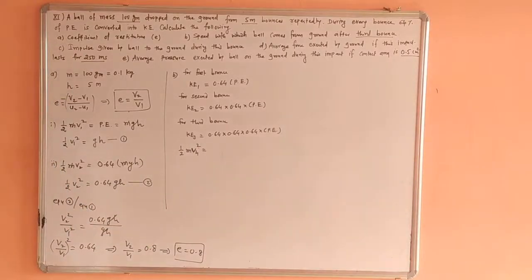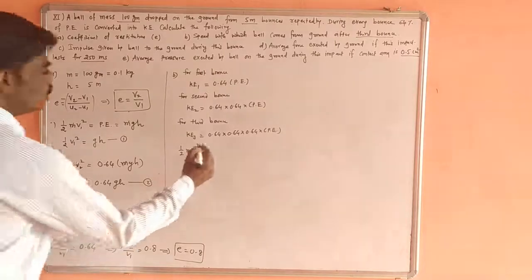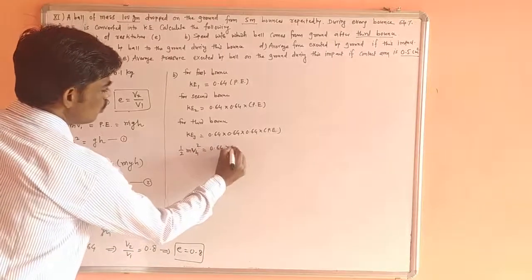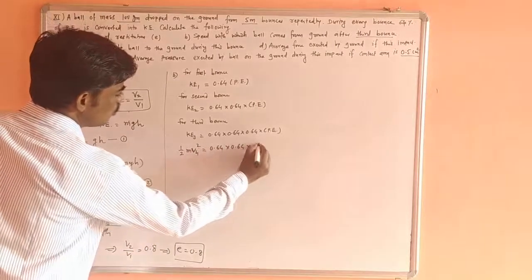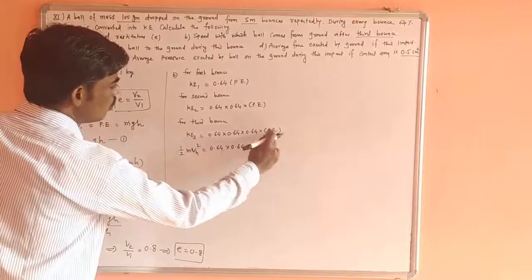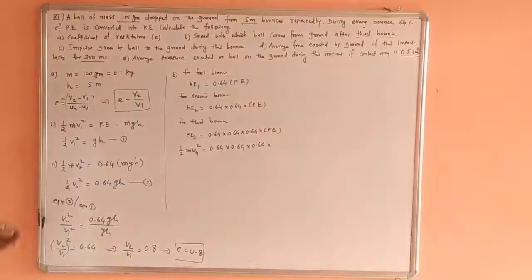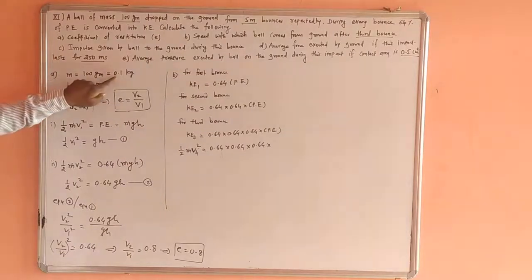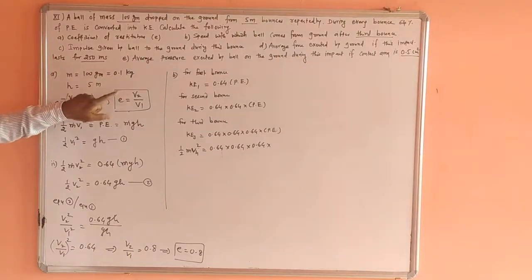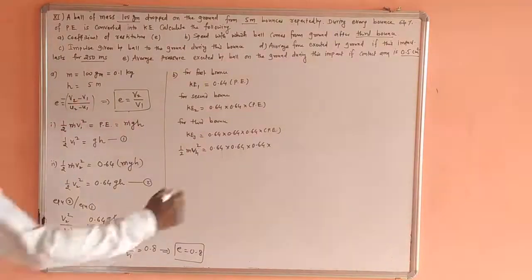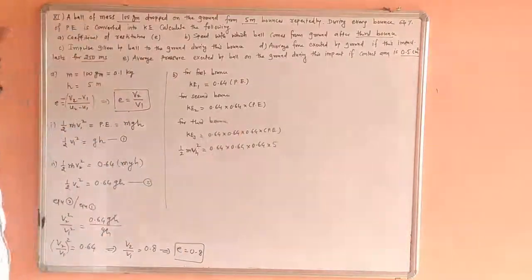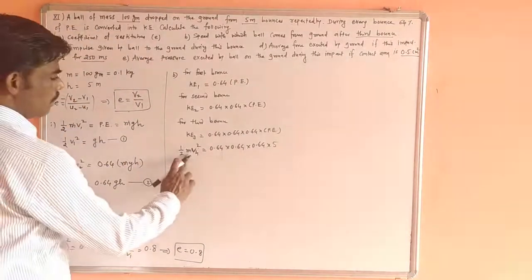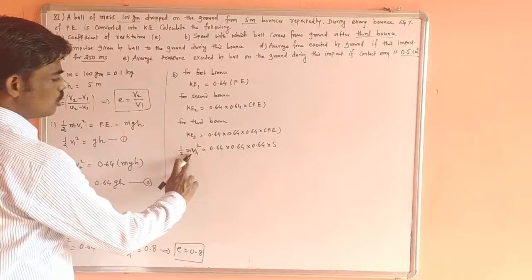So half m v4 square is equal to 0.64 times potential energy. Potential energy is mgh, that we can simply find out. So m is 0.1, g is 10, it becomes 1, h is 5. So 5. Then m is 0.1.